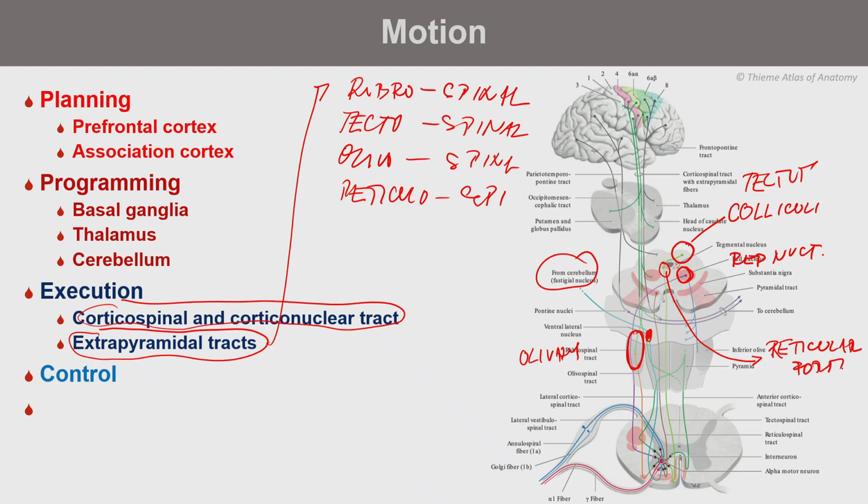Almost all information from the cerebellum, and also some information from the vestibulocochlear system, goes through the olivospinal system.